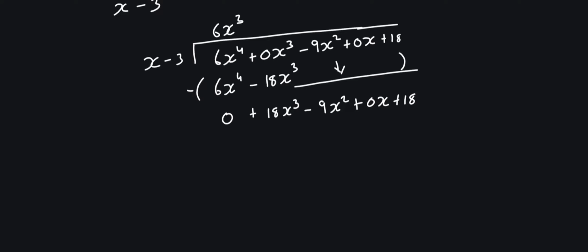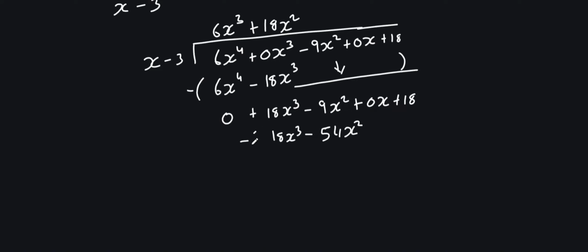We'll do the same thing. 18x cubed divided by x would be 18x squared. Multiply 18x squared by x minus 3. So that's 18x cubed minus, what is 18 times 3? So that is minus 54x squared.